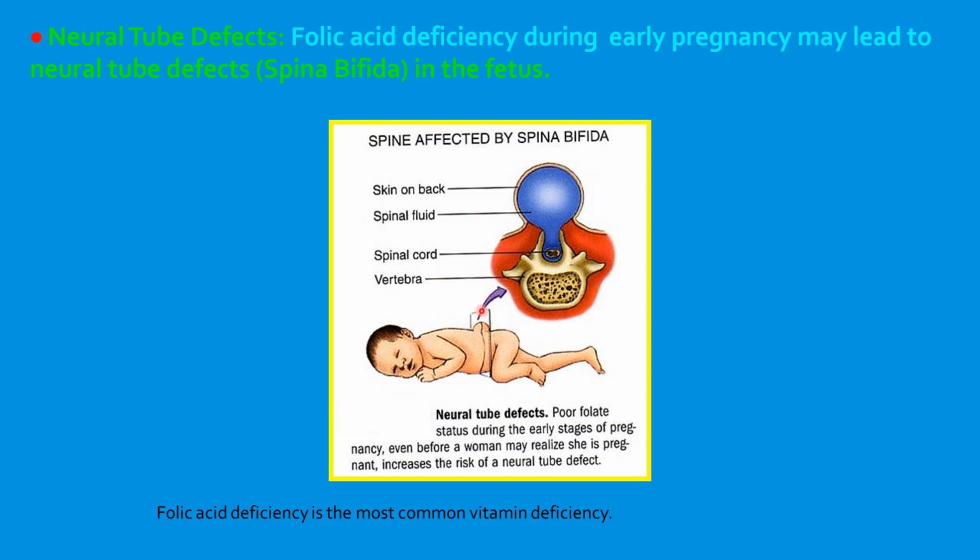So we really want to prevent these neural tube defects, and so that's why we advise women to consume folic acid as early as at the beginning of when they're thinking about getting pregnant. And we know folic acid deficiency is the most common vitamin deficiency.